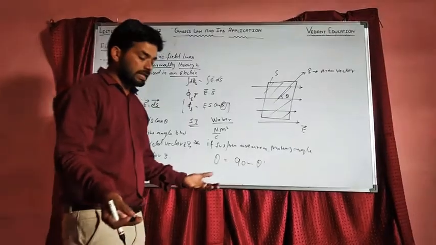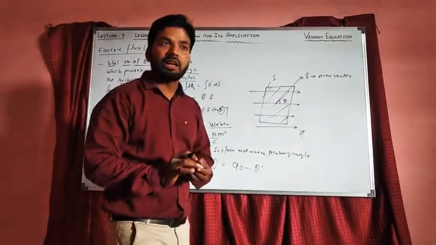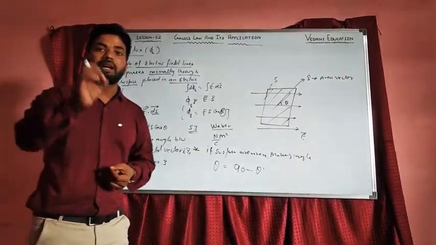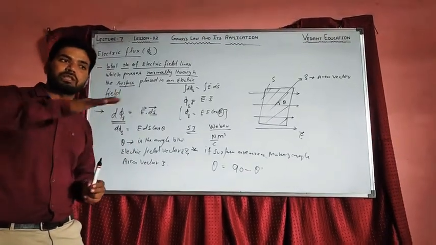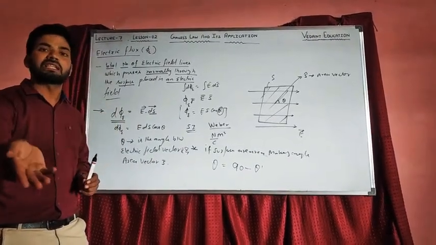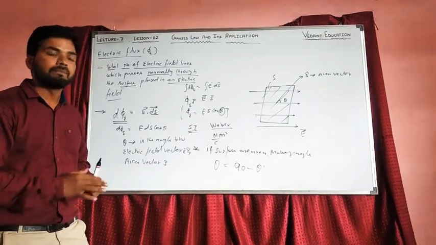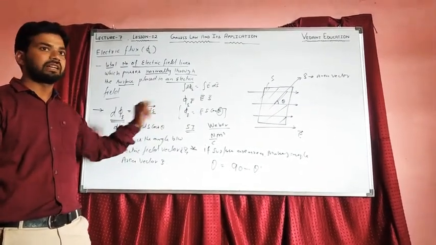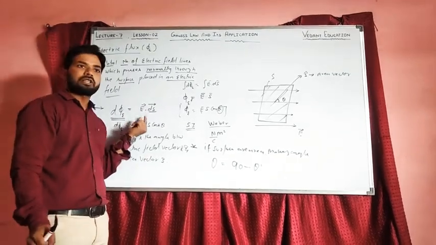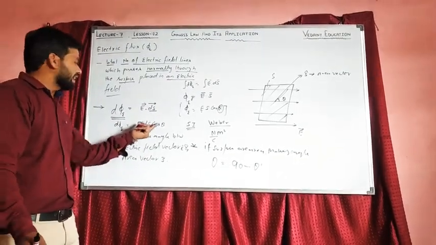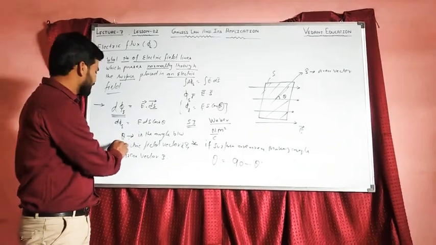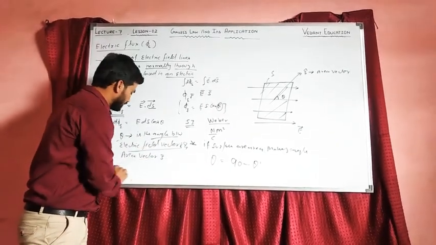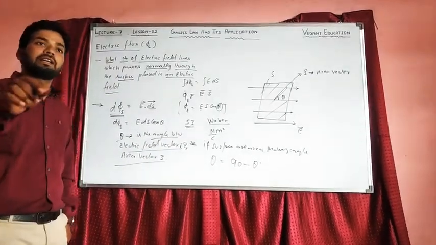What is the electric flux? Electric flux simply is the total number of electric field lines which pass normally through a surface placed in an electric field. Mathematically it is defined as the scalar product of the electric field vector and area vector, E dot S, which is ES cos theta, where theta is the angle between the electric field vector and area vector.